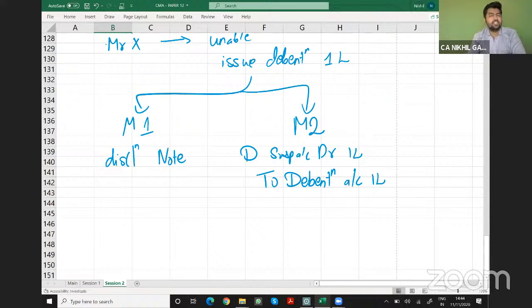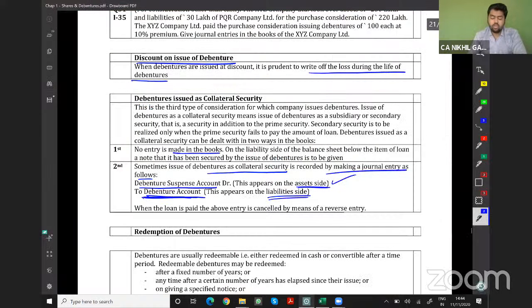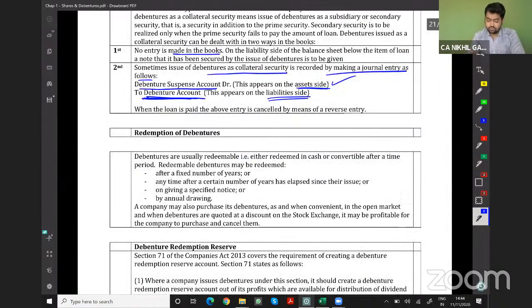One will be shown on your liability side, the other on your asset side. When the loan is paid, the entry will be reversed.